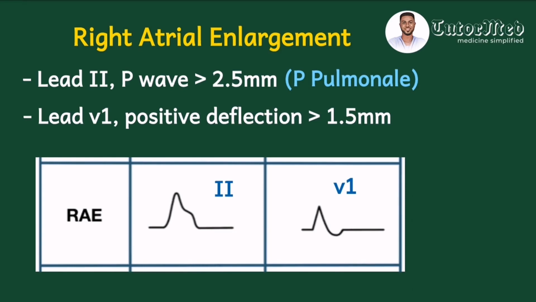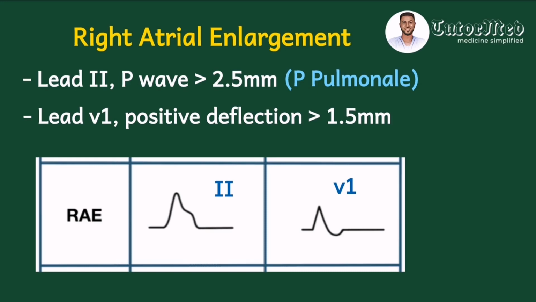Let's see this on a diagram. The P wave in lead 2 here is obviously taller. That is, this would be obviously more than 2.5 millimeters on the ECG strip. And then look at V1. You can see here that the first positive deflection is also unusually tall.